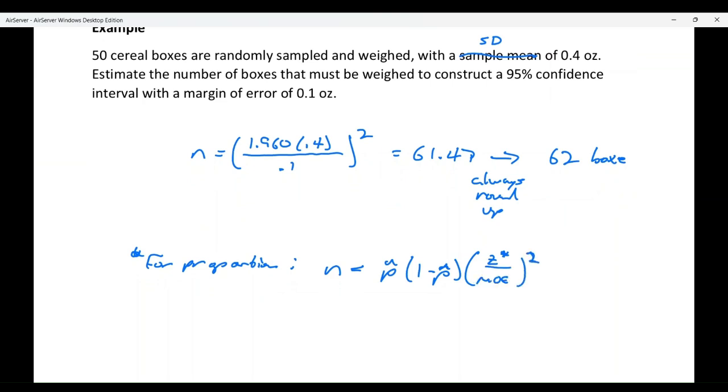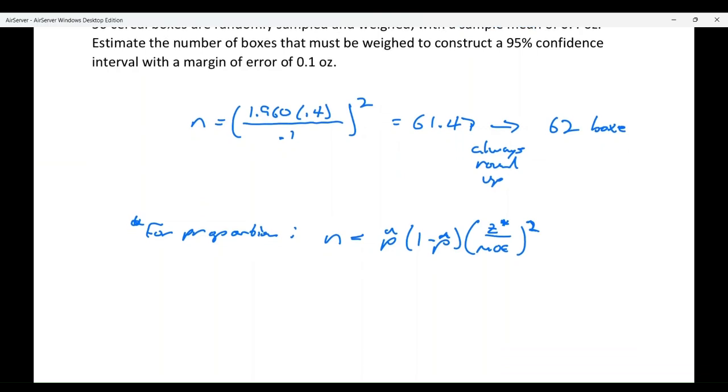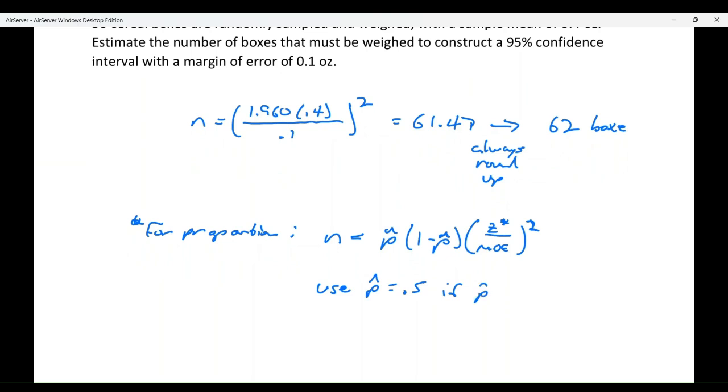So that would be the formula for finding n for a proportion. In this case, if you didn't know p, you would use 0.5 if p hat is unknown. And what that does is give you the most conservative, or largest, value for n if you use 0.5.